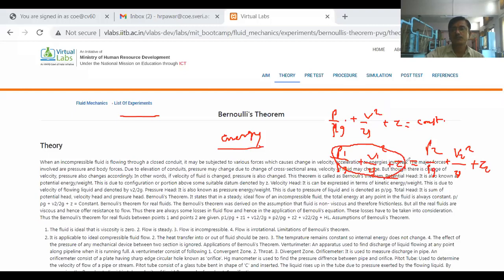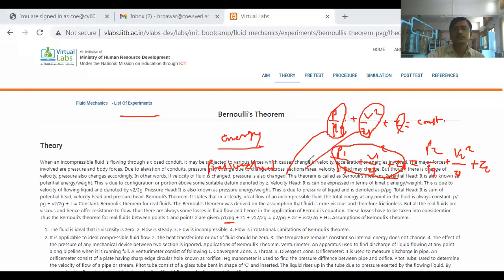What do we call it in total? First let me know what this term is, then what this term is, and what this one is. What do we call this? P1 upon rho g is pressure head. Correct.